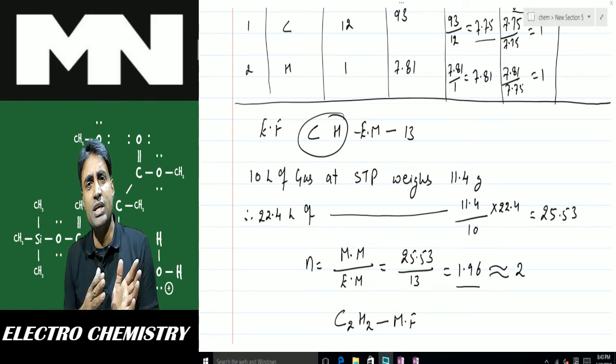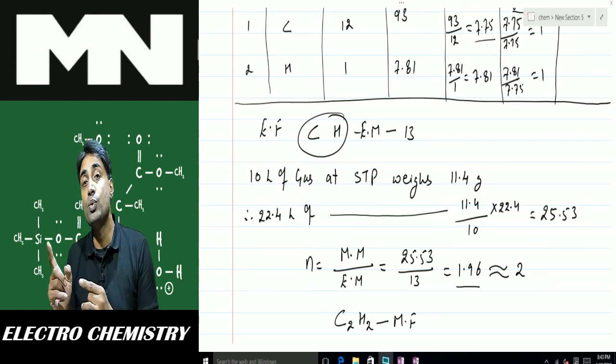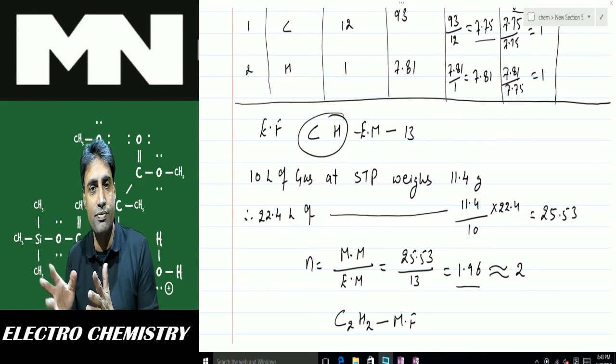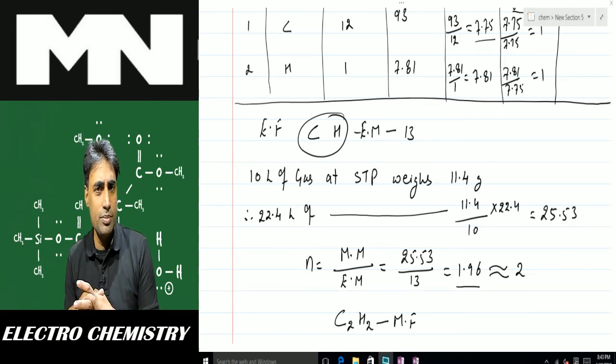Suppose the percent of 35 is X and the percent of 37 is Y. So we do 35 into X plus 37 into Y divided by 100, which will give the average atomic mass, and that is actually 35.5 for chlorine. So this is how we can calculate the average atomic mass. And this is all about this chapter. With this, your mole concept chapter is over.